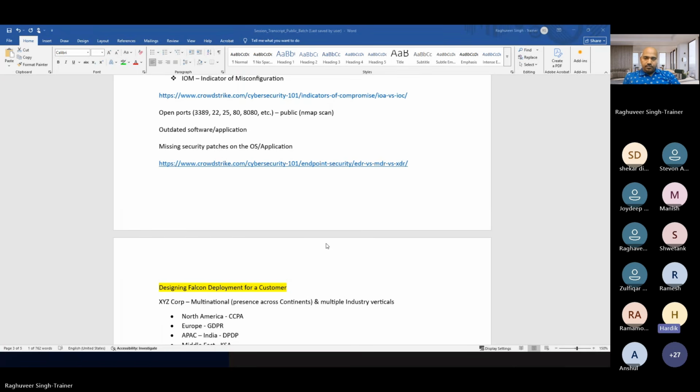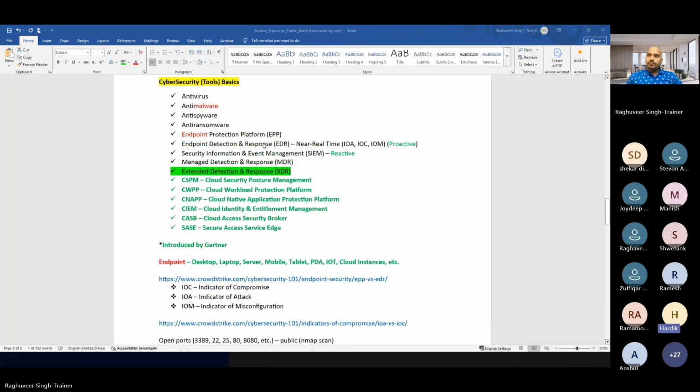Raghu sir, I'm sorry to cut you off. I have a few questions here. As you said, there are multiple flavors of endpoints. I just have one question regarding the NVA and embedded OS, which consist of your routers, switches, and printers. Why are these not protected by EDR solutions?